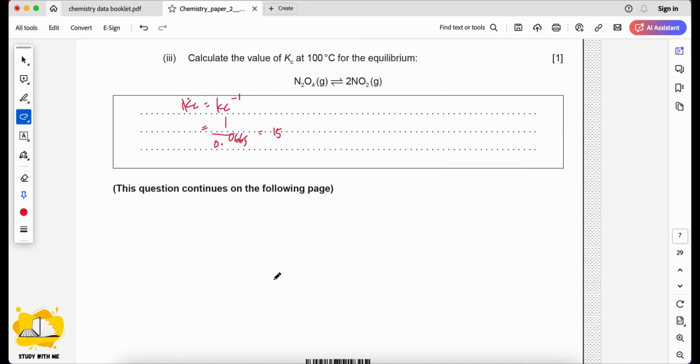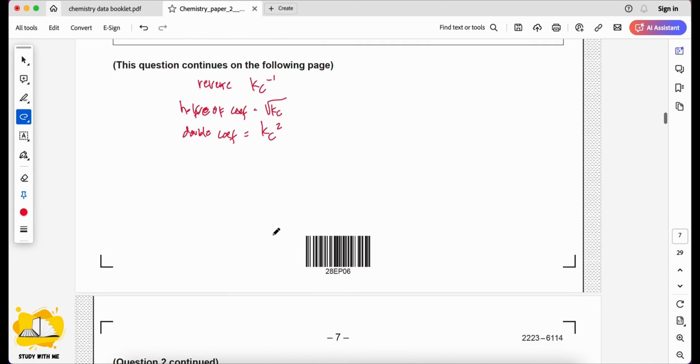Okay, if reversed, Kc to the power negative 1. If it's half of the coefficient, that would be the square root of Kc. If it's double the coefficient, that would be Kc squared. Okay.